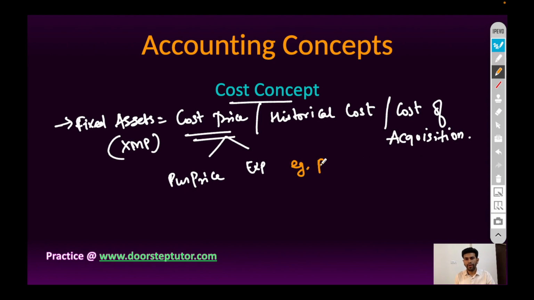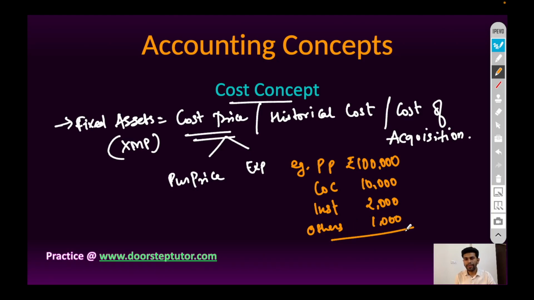For example, if purchase price of that fixed asset is 1 lakh rupees, cost of carrying the fixed asset to the factory is 10,000 rupees, installation charges paid 2,000 rupees, and other accessory charges are 1,000 rupees, then total cost price of the fixed asset will be 1,13,000 rupees, and this cost will be deducted every year as depreciation.